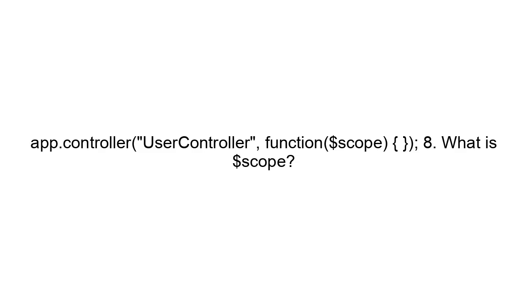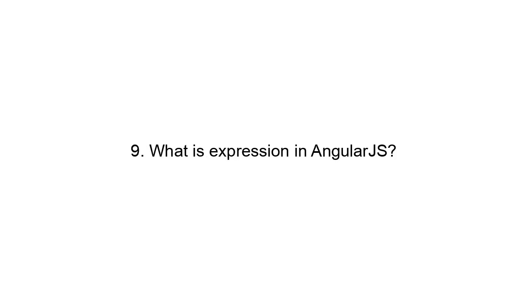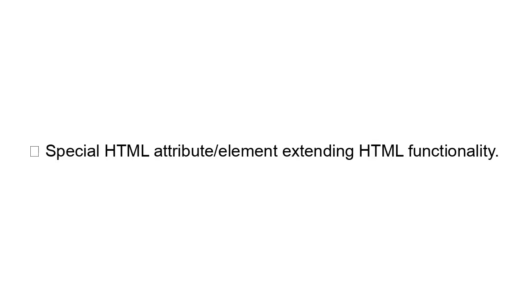What is scope? Object connecting controller and view. 9. What is expression in AngularJS? JavaScript-like code inside HTML. Example: {{name}}. 10. What is directive? Special HTML attribute or element extending HTML functionality.